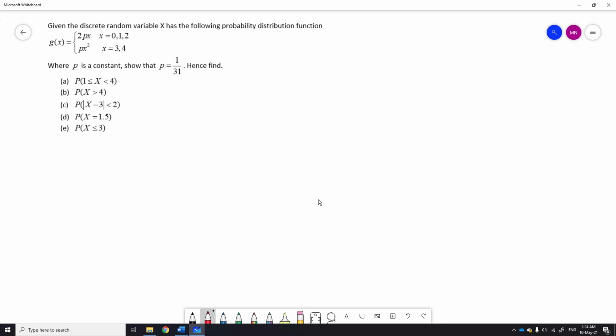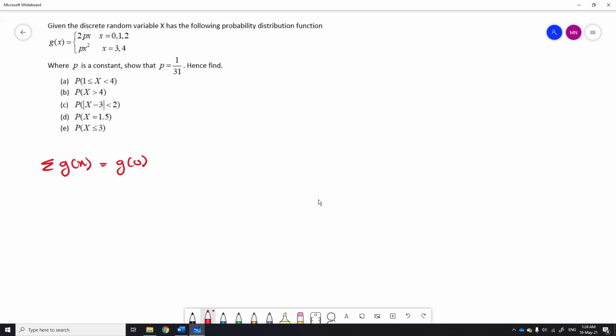In order to prove that, we already know the total summation of probability will be equal to 1. So we take the summation of G(x). That will be G input 0, because we have x equal to 0, 1, 2, 3 and 4.